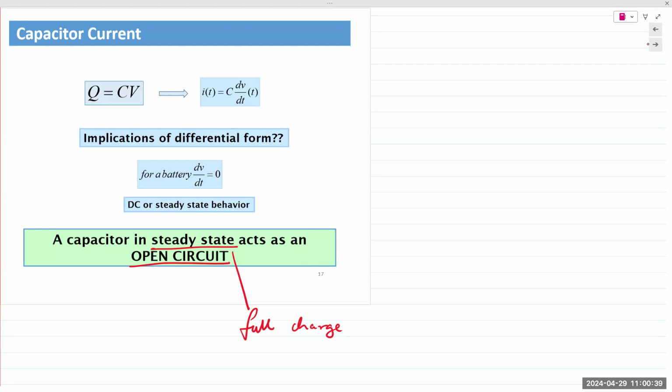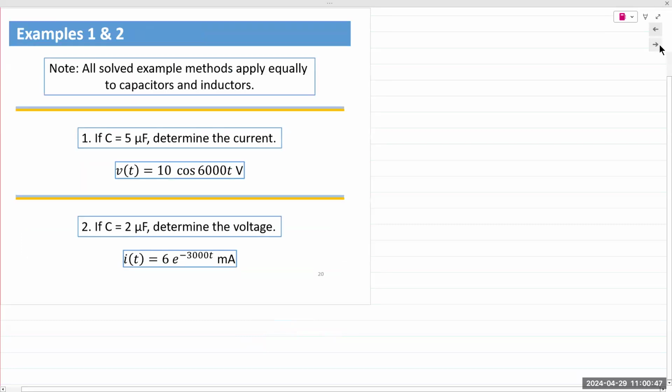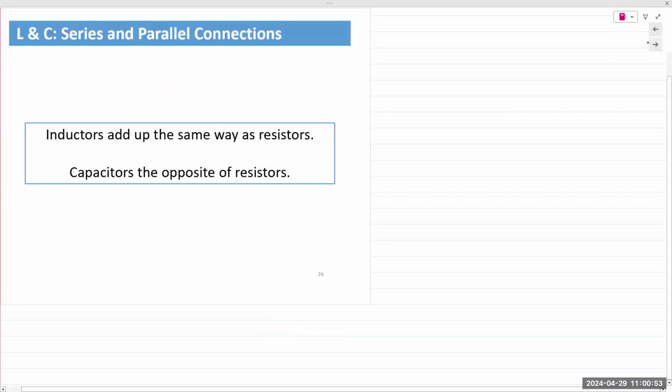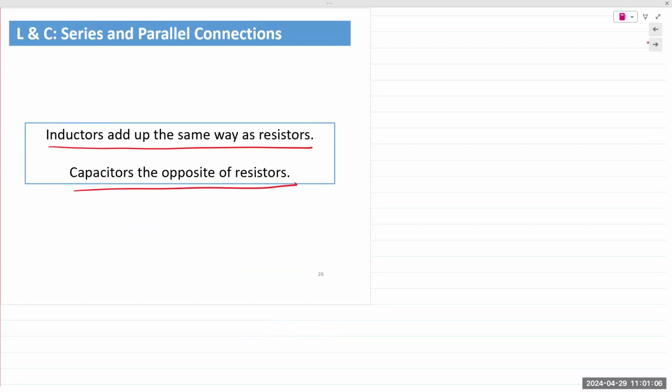There's one final slide I want to cover. There's not much in that slide. And that slide is almost the last slide right there. Adding up inductors and capacitors, if they're connected in series and parallel, inductors add up the same way as resistors, capacitors the exact opposite of resistors.